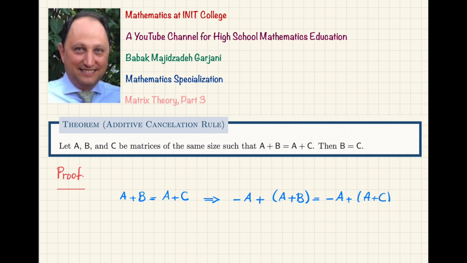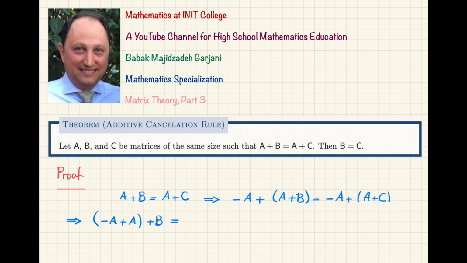Okay? Because first of all, I know that these two matrices are the same, and you are telling me that these two matrices are also the same. So this is clear that this sum and this sum should be the same thing. But now I know that matrix addition is associative, so it means that I can take the pair of brackets from the second pair and put it around the first pair.